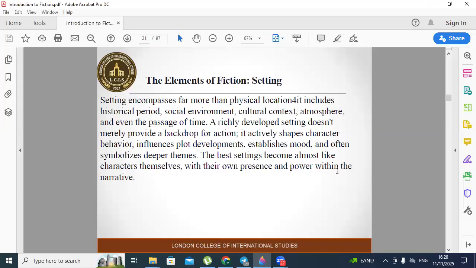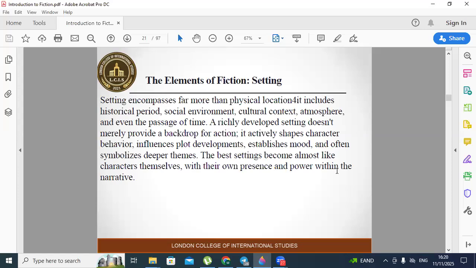Fog-shrouded London feels different from sun-drenched California. It often symbolizes deeper themes. A decaying mansion might represent social decline. The best settings become almost like characters themselves, with their own presence and power within the narrative.